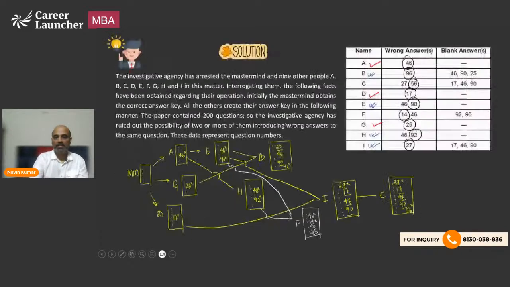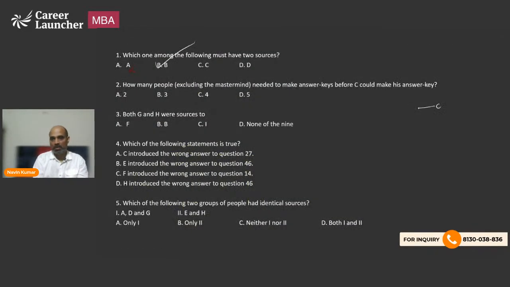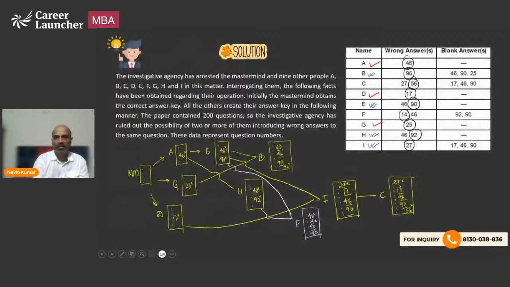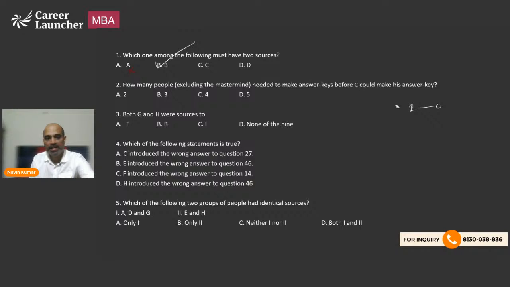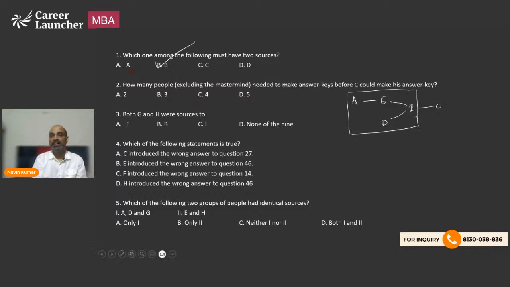So C will happen only when I does it. I will only happen when E and D do it. E will only happen when A does it. Right? This is the sequence. So before C can make the answer key, 4 people, A, E, D, I, are supposed to, first of all, complete their answer keys.